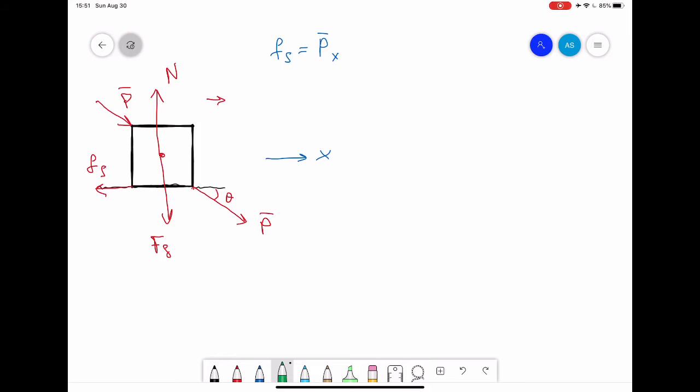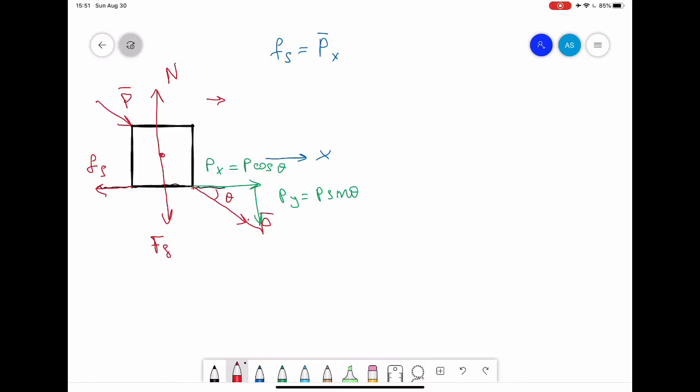One component is Px, which is equal to P cos theta. The other is pointing downwards, which is Py, equal to P sine theta.